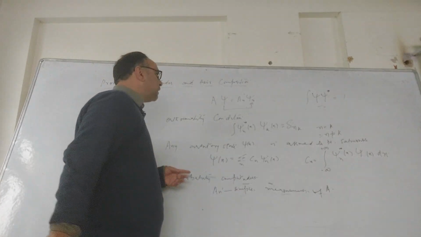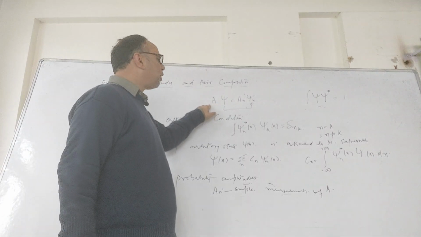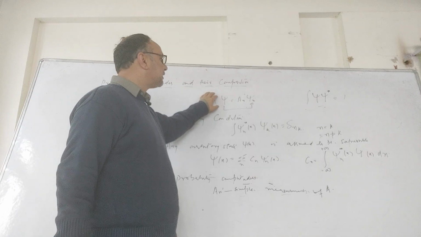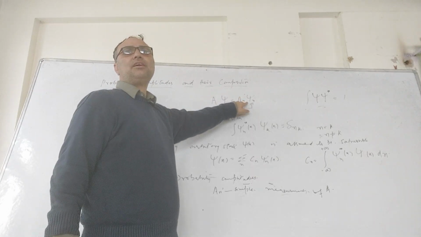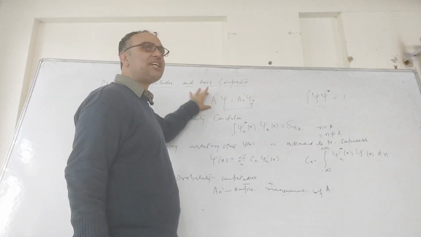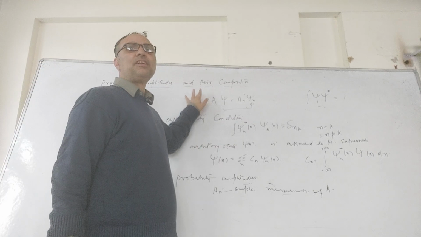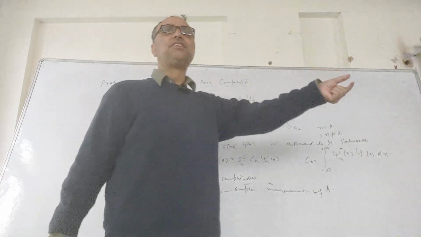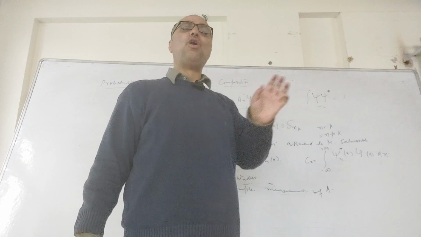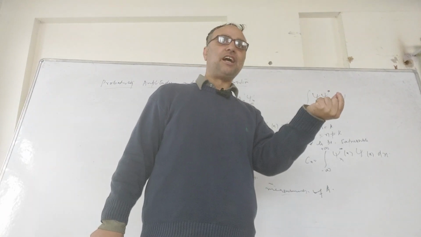We are coming to this point. It's not necessarily that all eigenstates will uniquely correspond to one eigenvalue. They may be the same or different. Different eigenstates may correspond to different eigenvalues, or a same class of eigenstates will correspond to a given eigenvalue.